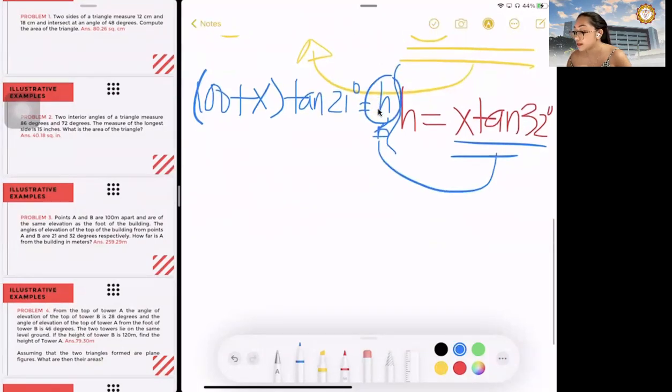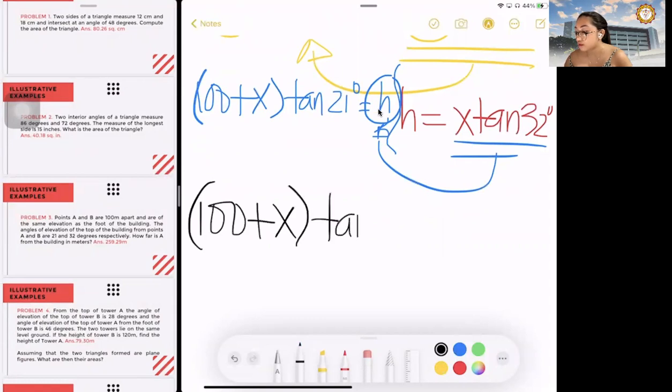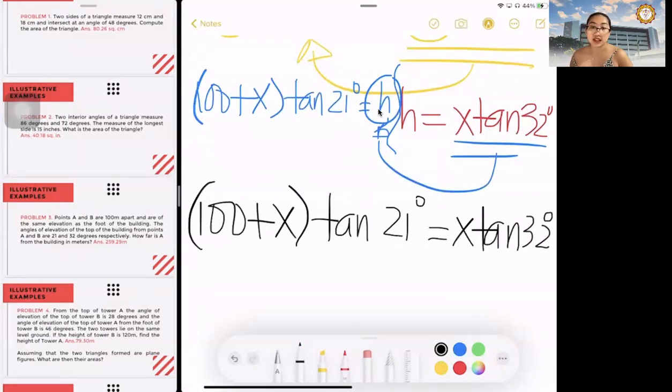So that becomes, I'll be using black now, 100 plus X tangent of 21 degrees equals X tangent of 32 degrees.